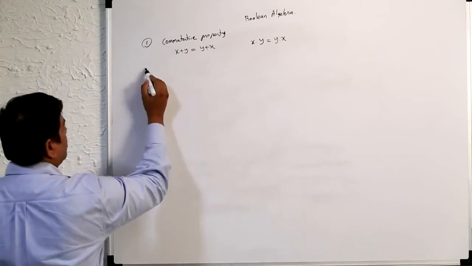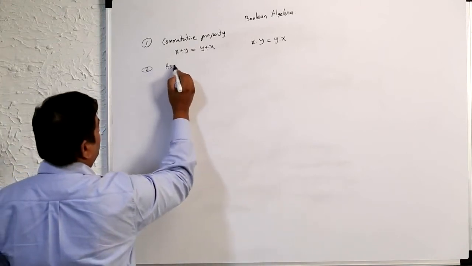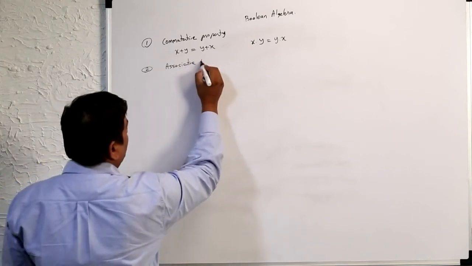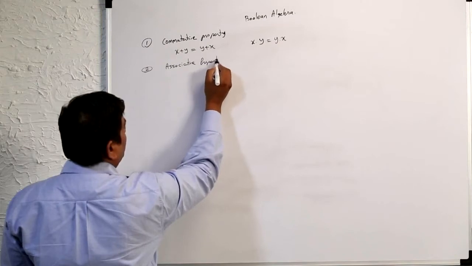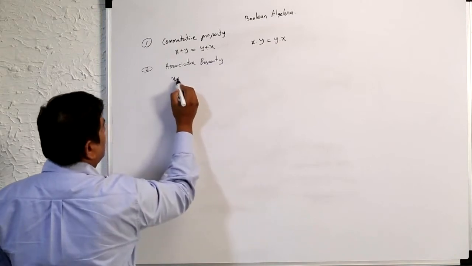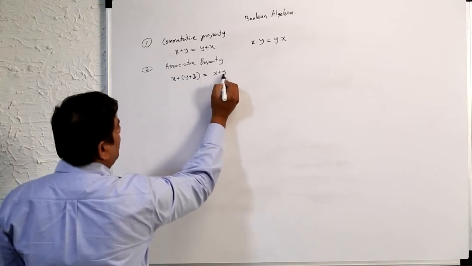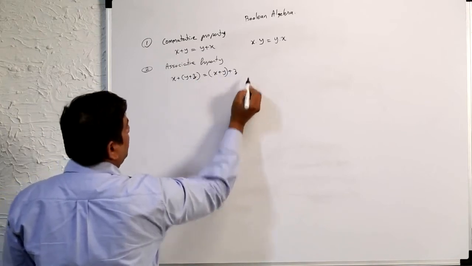Let us see the next property called associative property. It says x plus (y plus z) is the same thing as (x plus y) plus z.